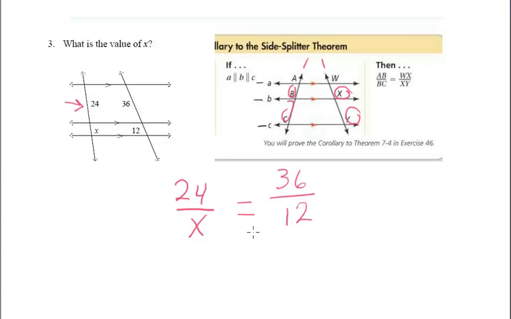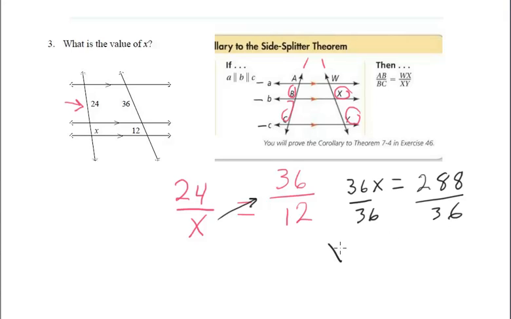Again, we're going to cross multiply, and when we do that we get 36x equals 288, and we just divide both sides by 36, and we get x equals 8. That's it for number 3.